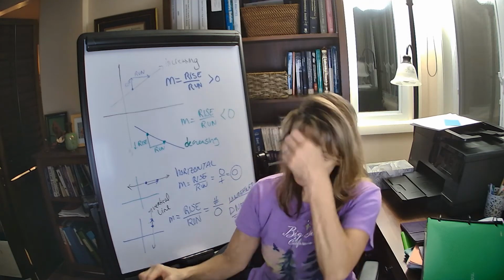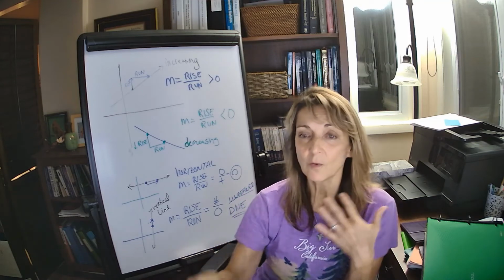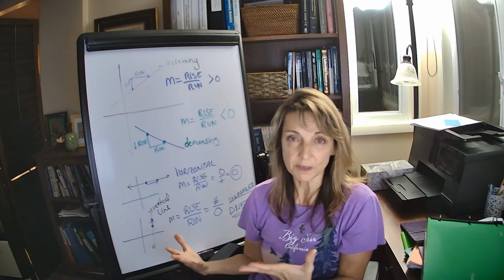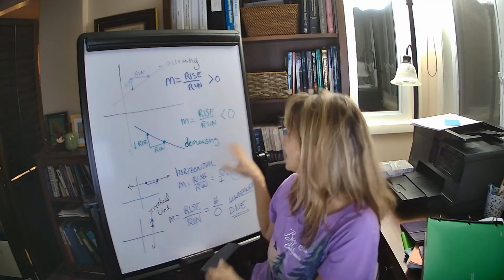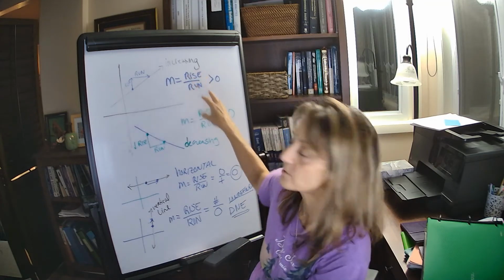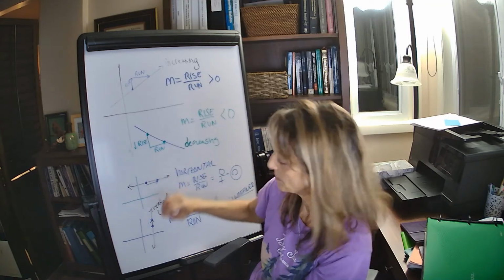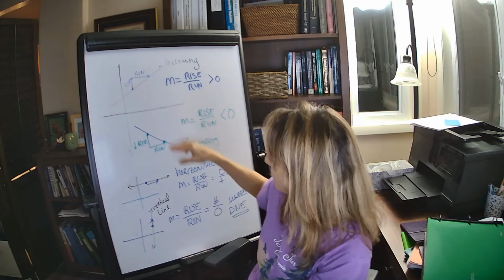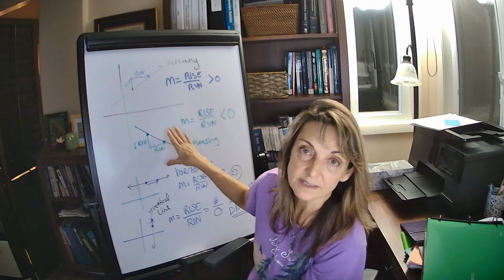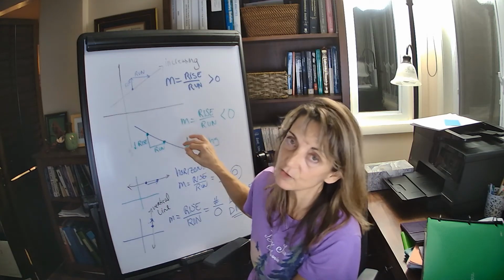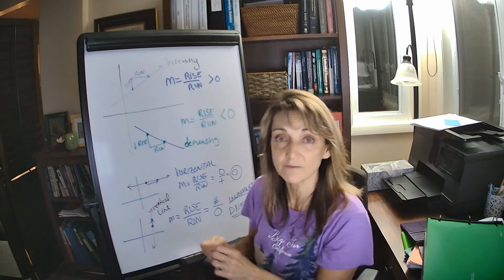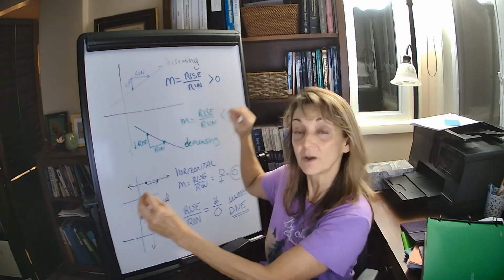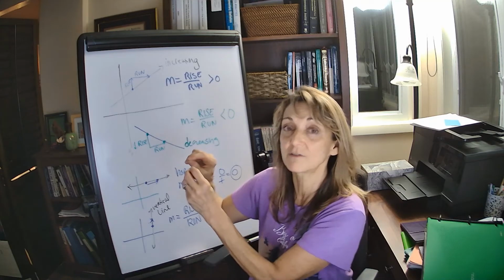All right, so now that we understand the concept of what we mean by slope, let's talk about how we actually get our hands on these rise and run numbers. The way I drew this is a hint: you can pick any 2 points on a line, and they will always give you the same slope, no matter how far apart or how close together they are.